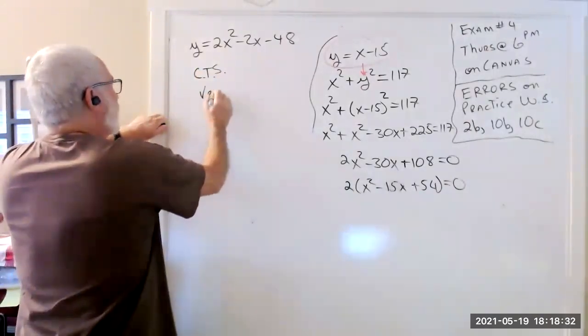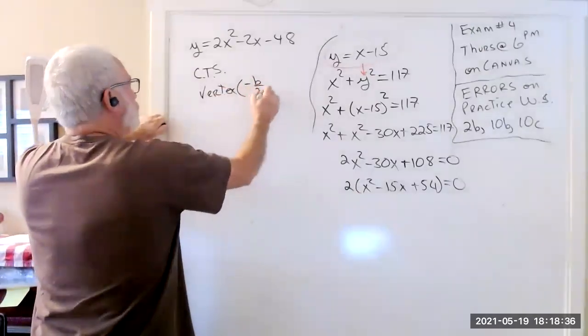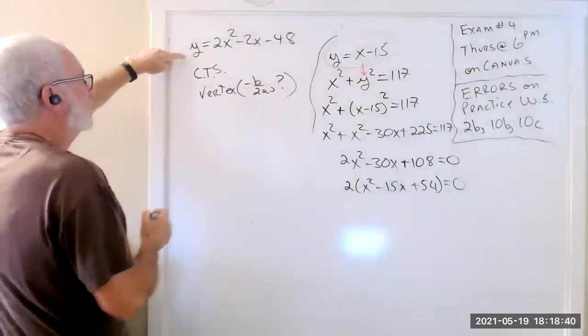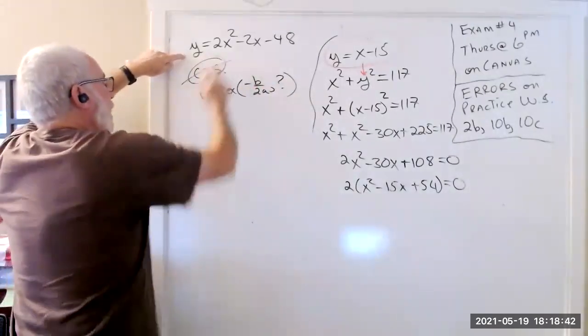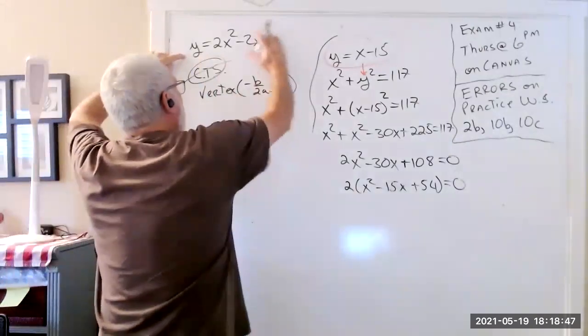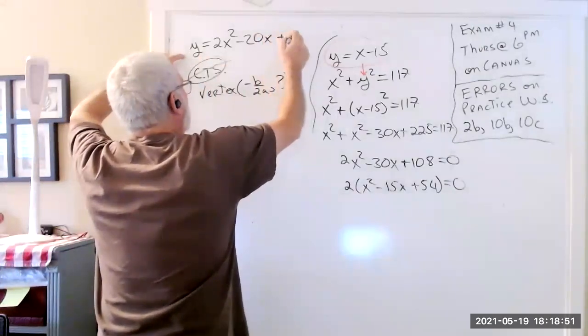The vertex is negative b over 2a comma something, right? Remember that? Okay. Really quick, it's minus 20x. Sorry, 20x. That will make a difference. Minus 48.